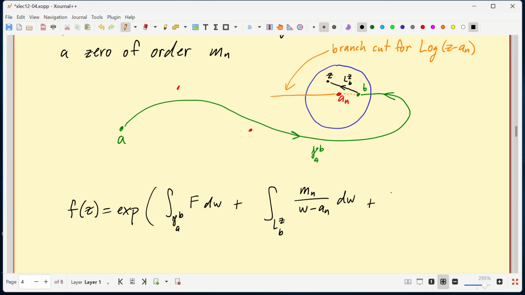And the rest of it would be an analytic function. So that's the principal part. And so what's left would be an analytic function on that disk. So this thing is analytic on the disk.